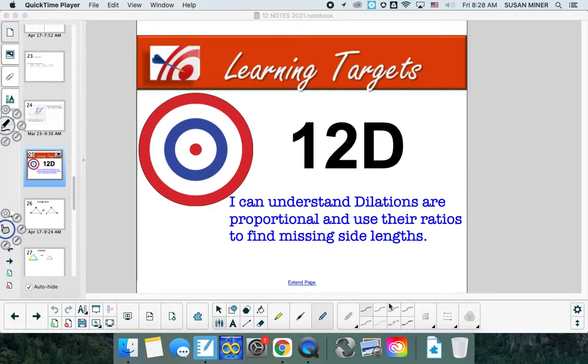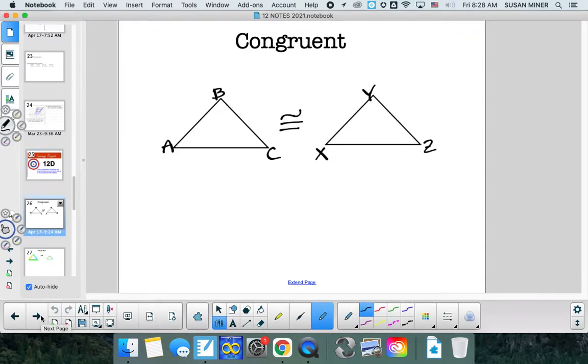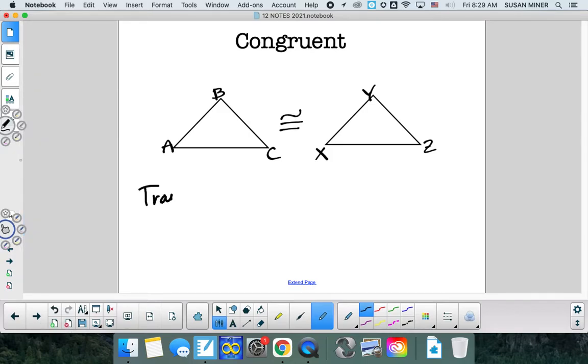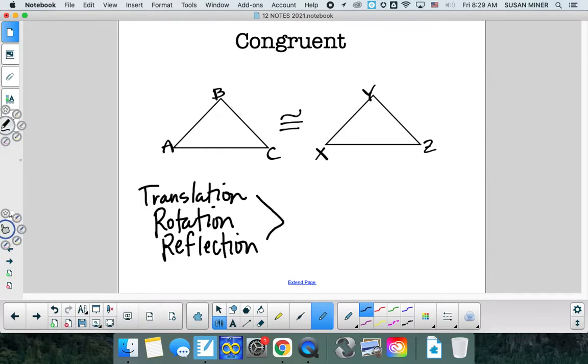Let's talk a little bit about the kinds of shapes that we see when we perform these transformations. When I do a translation or a reflection or a rotation, I don't change the size of the shape in any way. So what happens when I perform a translation, a rotation, or a reflection, the shapes that are made when I perform one of these transformations are congruent.